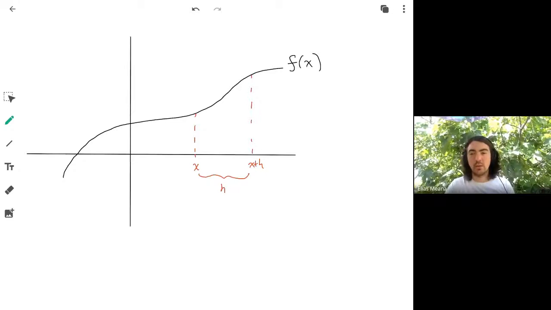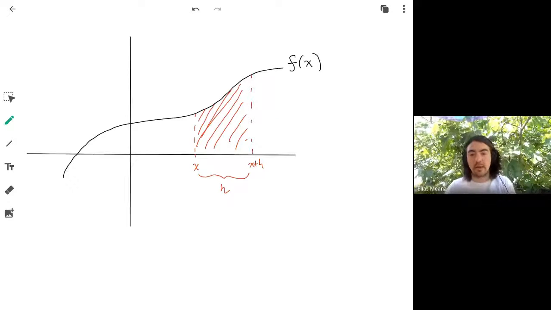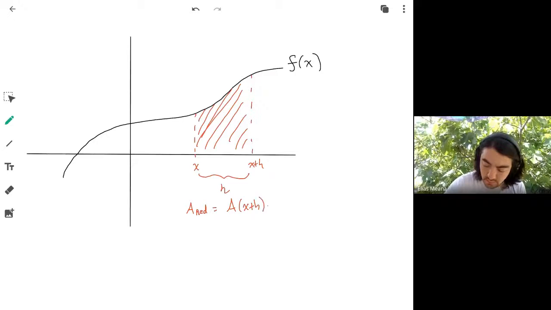You guys agree? h could be anything here, it's just a constant. And so the area of the region between those two, which I'll shade in red, using the notation we have with A, is given by A of x plus h minus A of x. Does everybody agree?